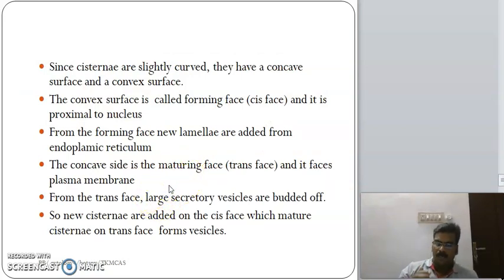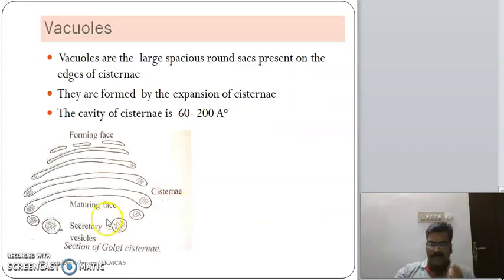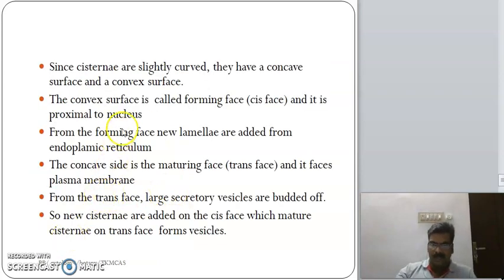Again, if you see, the cisternae have a curved structure. There is a curve on the cisternae, and one end is the convex surface, pointing towards the nucleus, and the other end is pointing towards the plasma membrane. The convex surface is called the forming, or new lamellae forming surface.